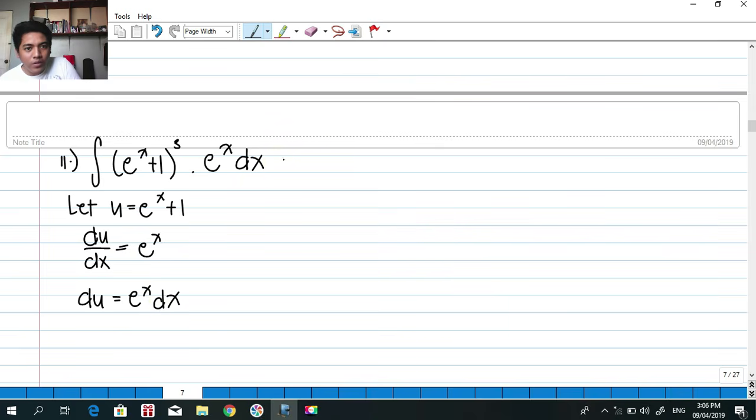So now, what are we going to do? We can substitute the integral of u cubed, because this is integration by substitution. So u cubed times simply du, because e raised to x dx is simply equal to du.